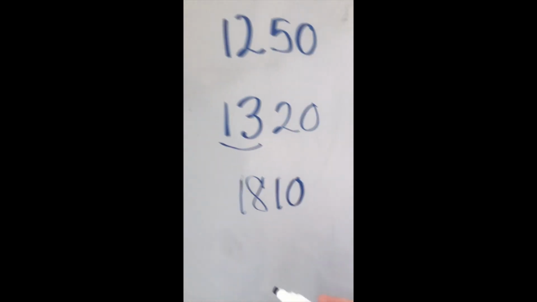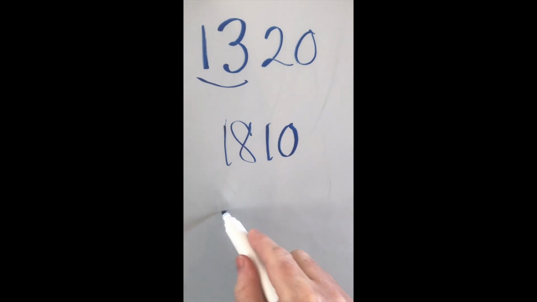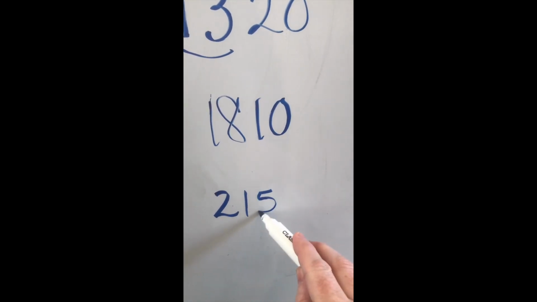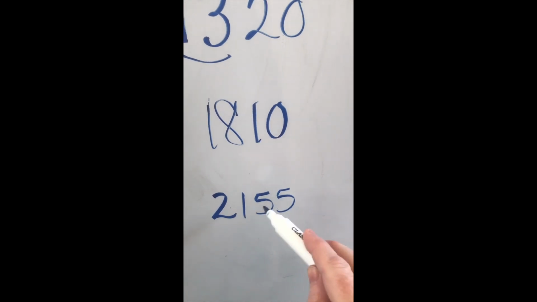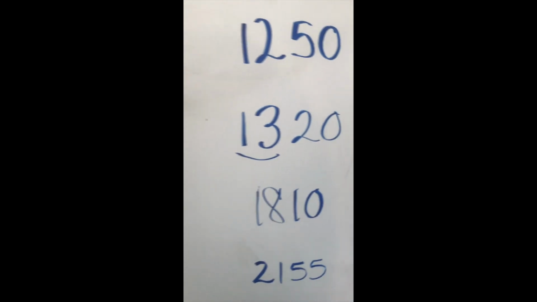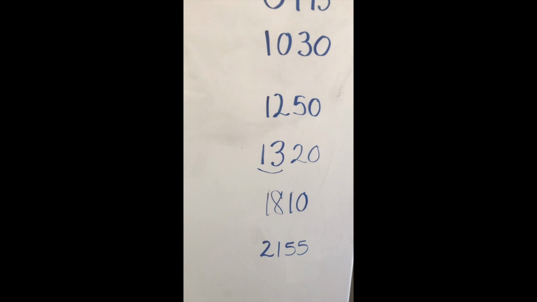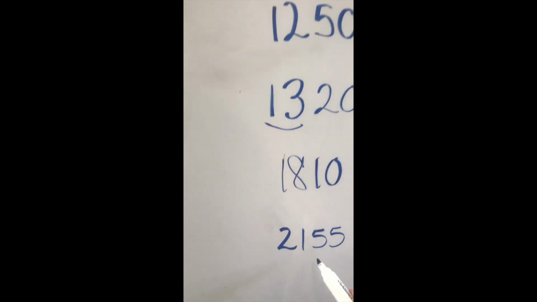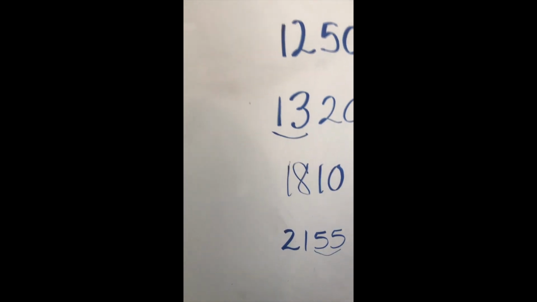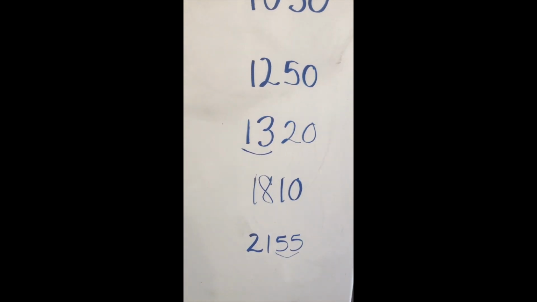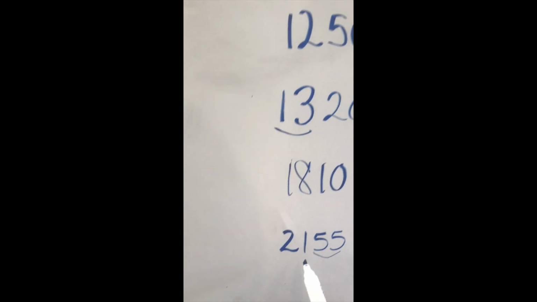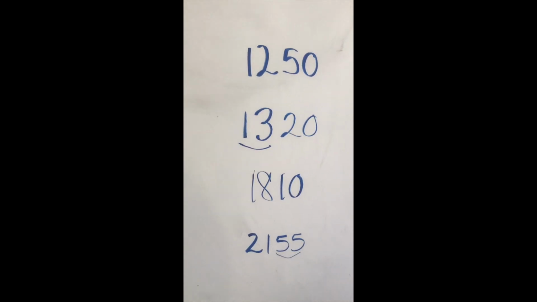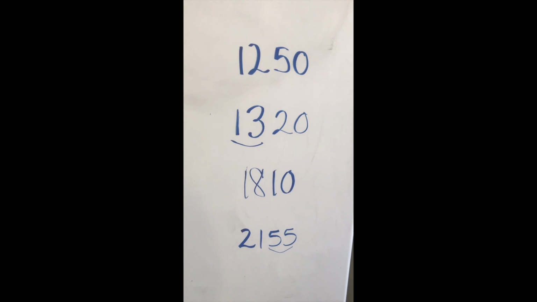So I write 21:55. It's not easy to write on a whiteboard and video it at the same time. So if I see the time 21:55, I know that the minutes are 55, 5 something. 21, take away 12 is 9, so it's 9:55, so the time is 5 to 10 in the evening.